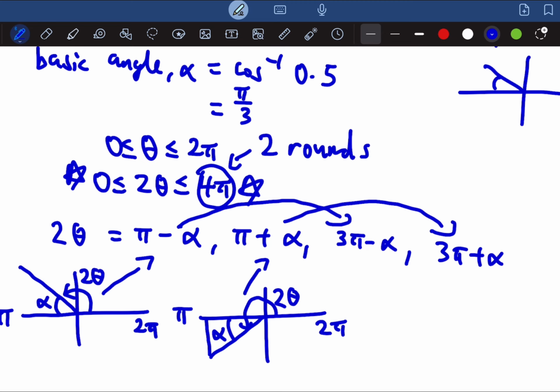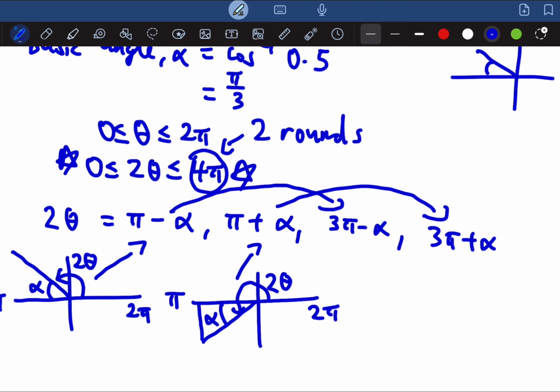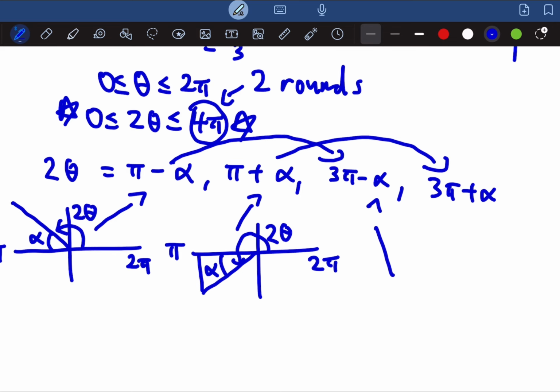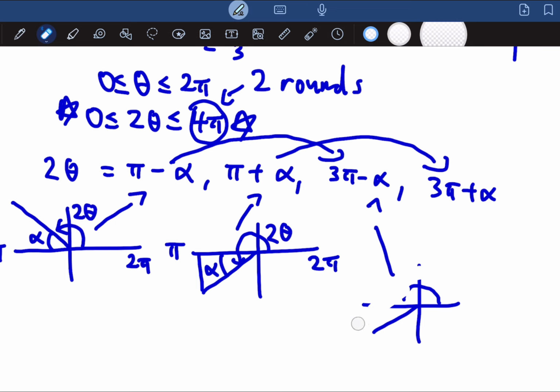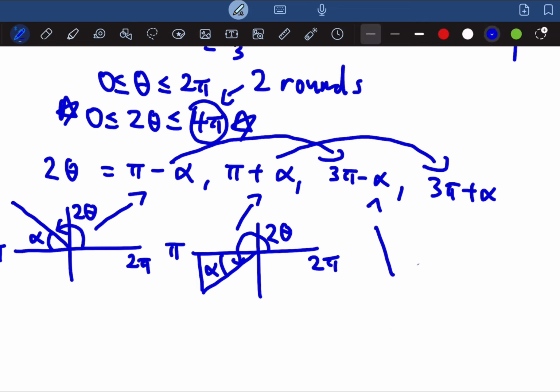Even if I draw the right angle triangle where the hypo is in, it will still be the same. What I meant by that, I have this. Okay, now it rotates. Sorry, second quadrant, my bad. Okay, second quadrant. So it'll be here. But this is the second round, second quadrant. So what happens is that you rotate here one round. First round done. Go to the second round.